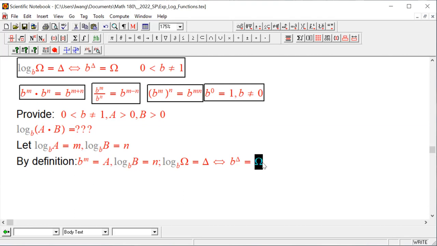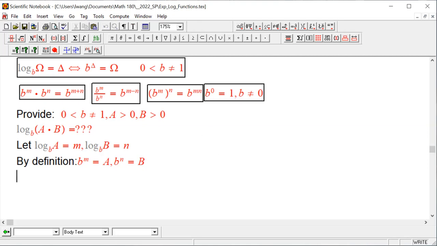So omega is a capital B. B to the power of triangle, this is a capital B. If you look at this form and that form, and this case is lowercase n, so B to the power of n. So that's how we get from definition. We get these two pieces, capital A and capital B, right there, okay?